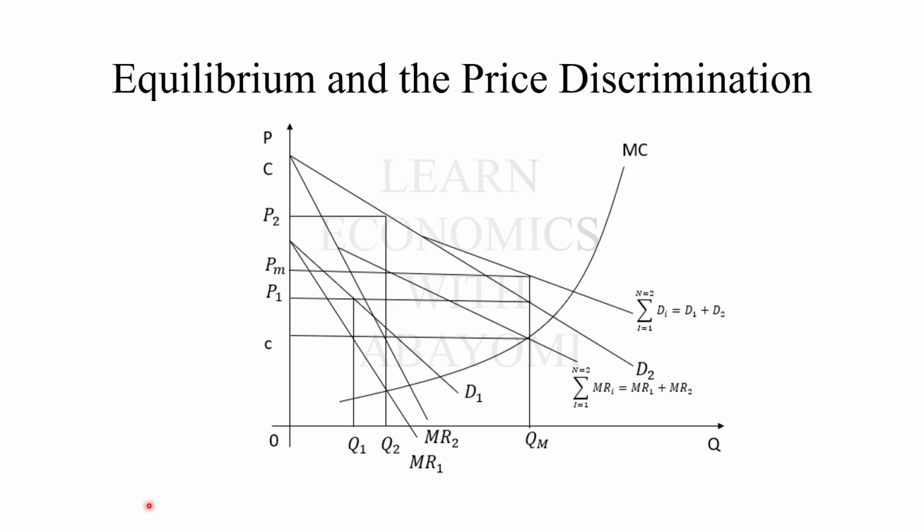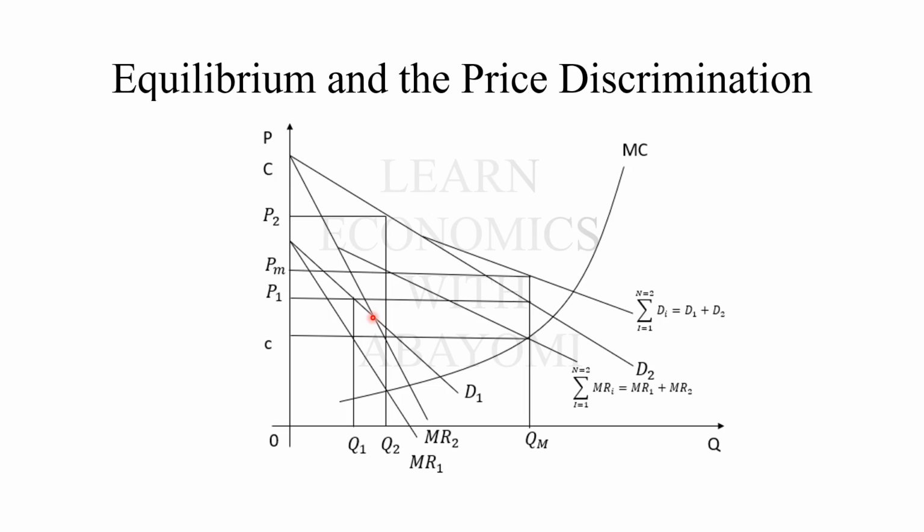Now, looking at this particular graph, we have the vertical axis, which is the price, and the horizontal axis, which is the quantity. When we discussed the monopoly, we had the marginal revenue curve and the demand curve, and I said that the marginal revenue curve is twice as steep as the demand curve.